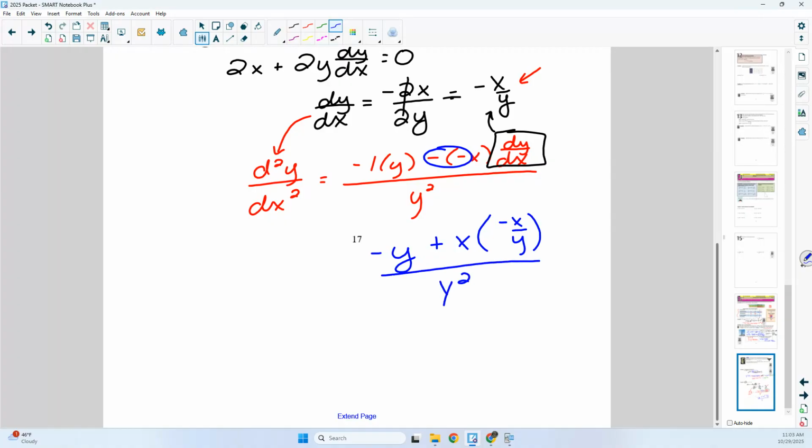Simplifying wise, I'm probably going to see some sort of getting rid of the complex fractions. So what I can do is multiply the top and bottom by y. I'm going to do one more step in between before that.